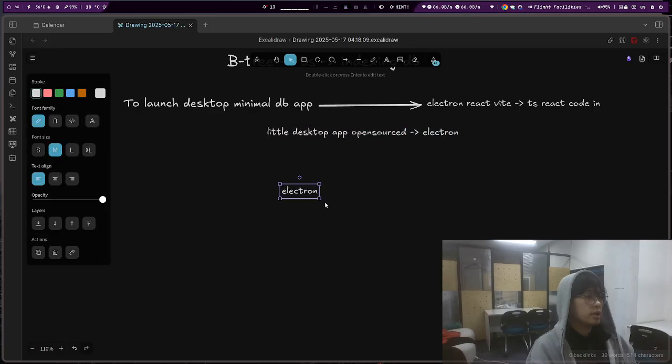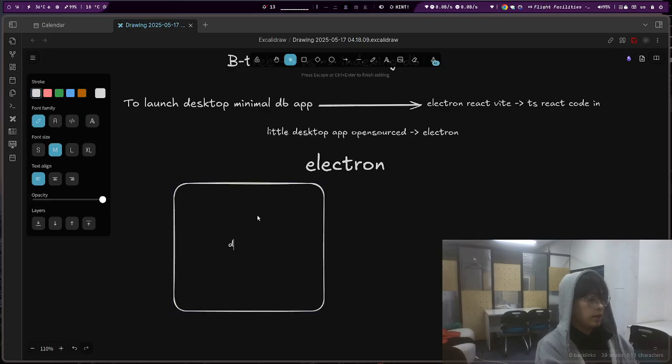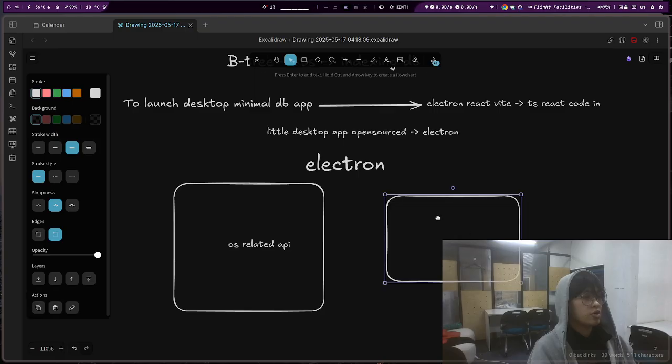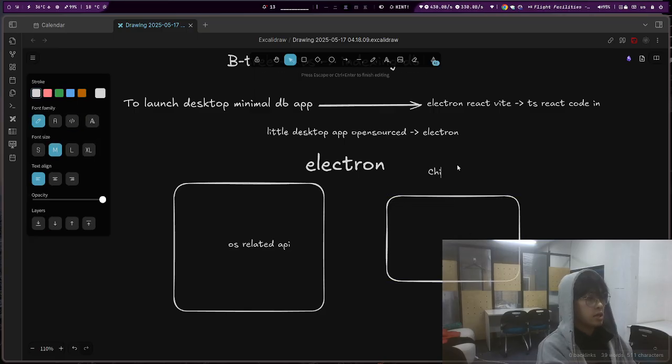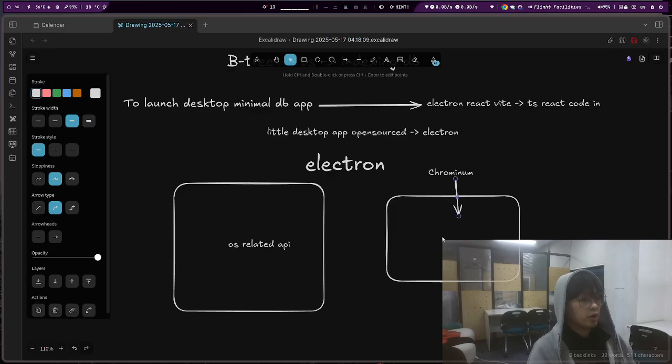Because if you look at Electron, it uses a lot of your OS related APIs, but for the rendering logic, it uses Chromium.